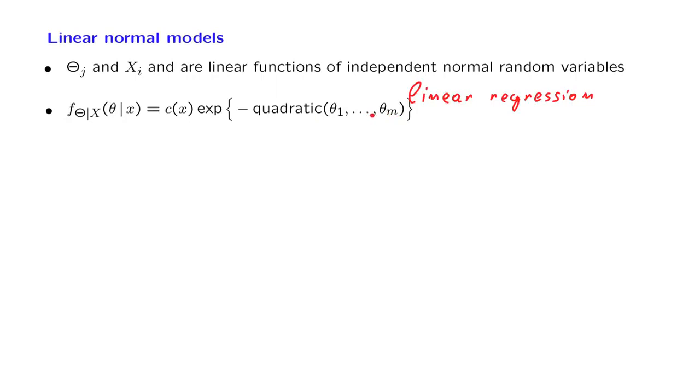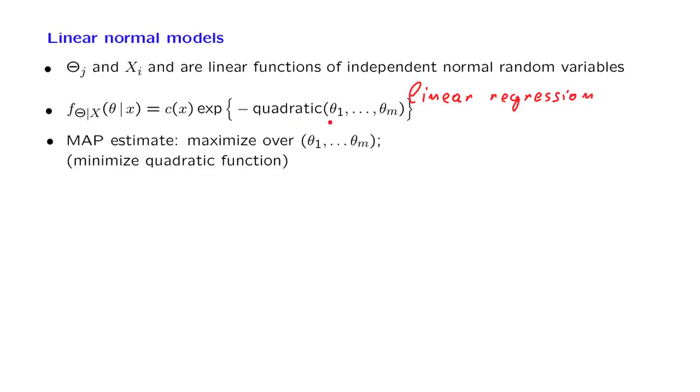And this means in particular that in order to find the MAP estimate of the vector theta, what we need to do is to just minimize this quadratic function with respect to theta. And minimizing a quadratic function is done by taking derivatives and setting them to 0, which leads us to a system of linear equations, exactly as in the trajectory inference problem. And this means that numerically it is very simple to come up with a MAP estimate.